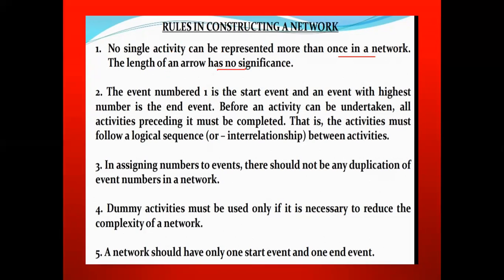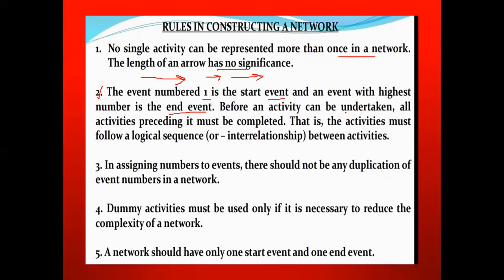So ఇందాక మనం చెప్పుకున్నట్టు no single activity should represent more than once for a event. అంటే నెక్స్ట్ ఏంటి? The length of the arrow కి ఇంపార్టెన్స్ ఏం లేదు. Next, the event numbered 1 is the starting event, and the event with the highest number is the highest end event.